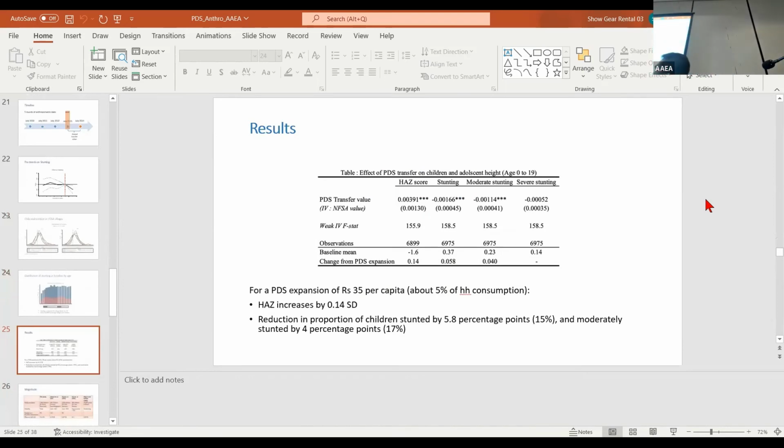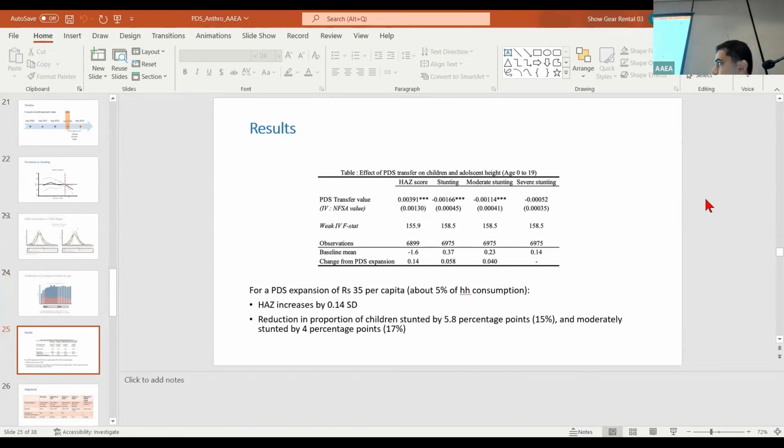Here we find that the height-for-age z-score increases and stunting decreases, and we see that the program seems to have an effect only on moderate stunting rather than severe stunting.